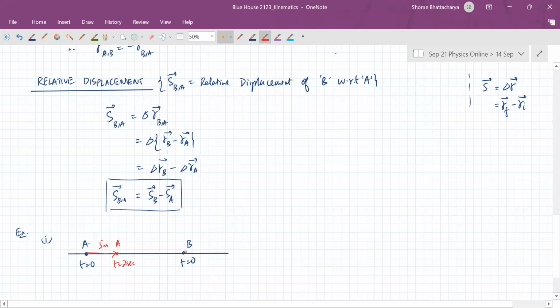And during that time, let's say B reaches here, making a displacement of 3 meters. So now we want to find out the displacement of B with respect to A and its magnitude. And similarly, displacement of A with respect to B and its magnitude. Just note down this definition and try this example first.